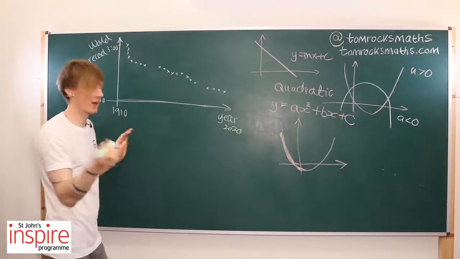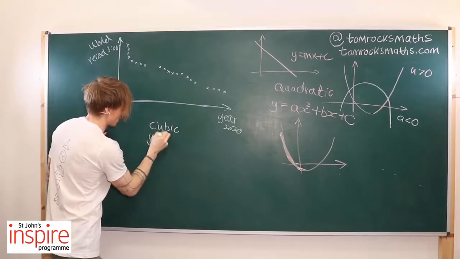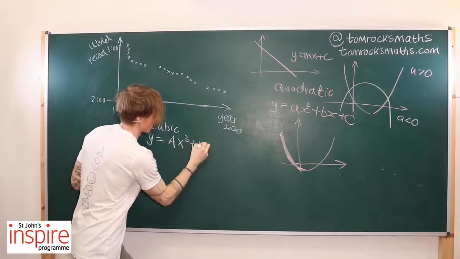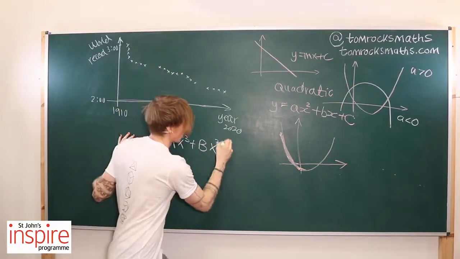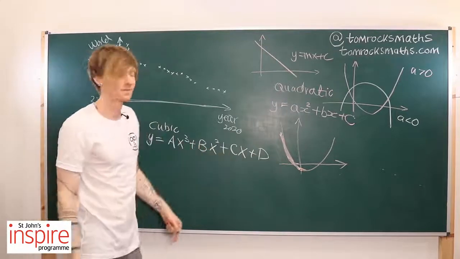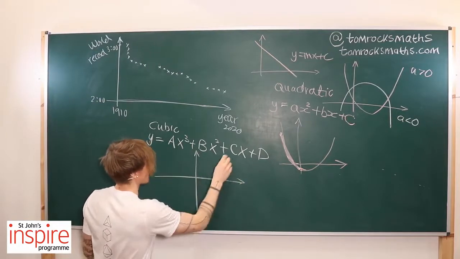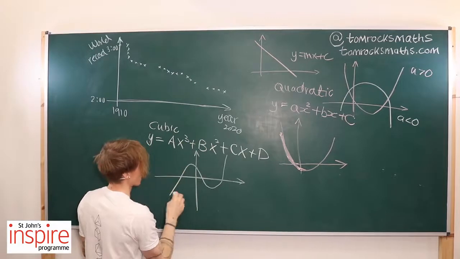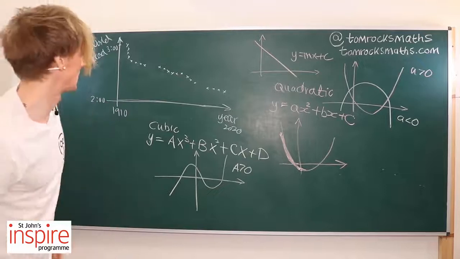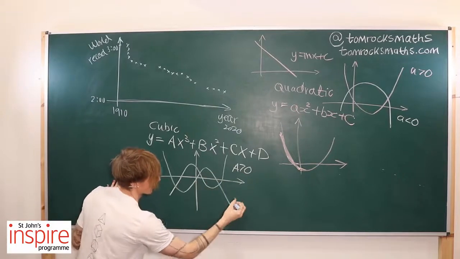So the next power of x, and this might be, let's say, y is equal to capital A x cubed plus capital B x squared plus capital C x plus D. So you've now got four parameters A, B, C, and D, and a cubic, which you've maybe seen before, has a kind of wiggly shape like this when A is positive. And again, if you consider A negative, which I'll do in blue, same kind of idea. It comes down, wiggles up, and then goes down like that for A negative.